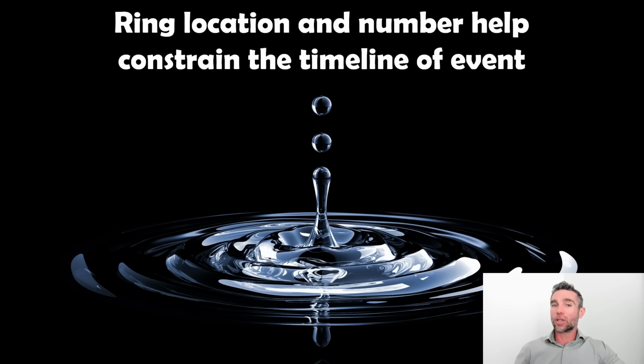Same thing with these bullseye ring galaxies. The location of those rings and how many of them can help us constrain when the event actually occurred. For example, if we've got a ring on the very outer part of the galaxy, that means that it occurred a longer time period ago than if we just had one in the center.